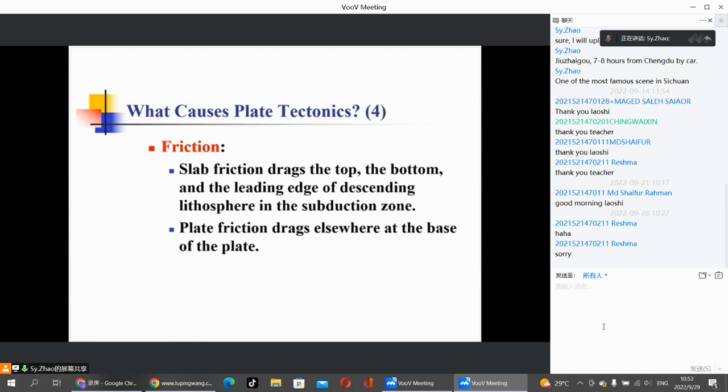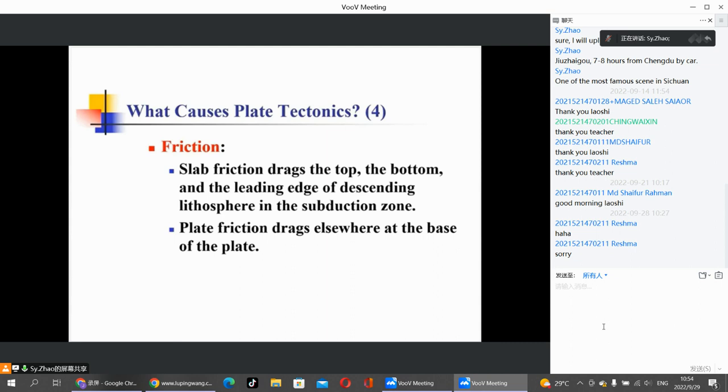And the last one is friction. Slab friction drags the top, the bottom, and the leading edge of the descending lithosphere in the subduction zone. And plate friction drags elsewhere at the base of the plate.